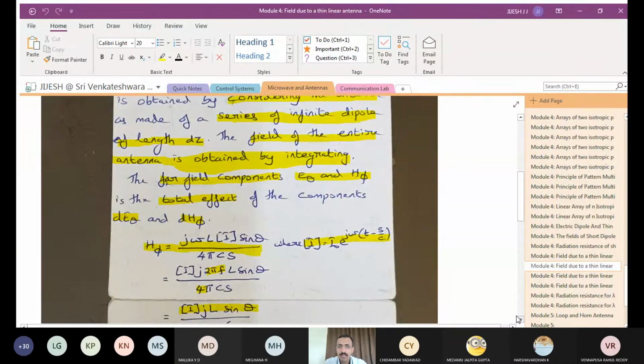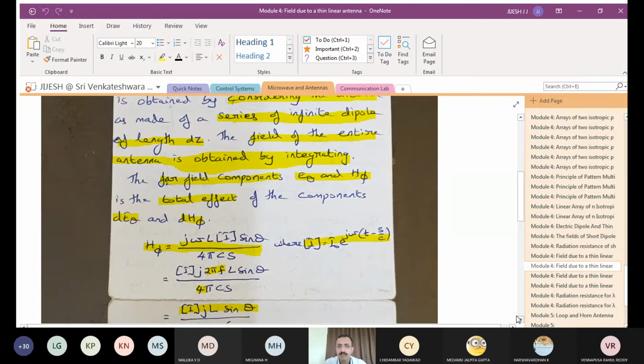As discussed in the previous lecture, for the short dipole there are two components, E theta and H phi.